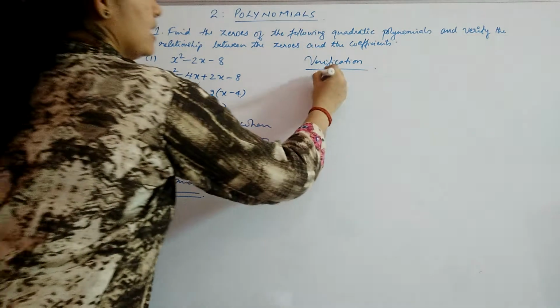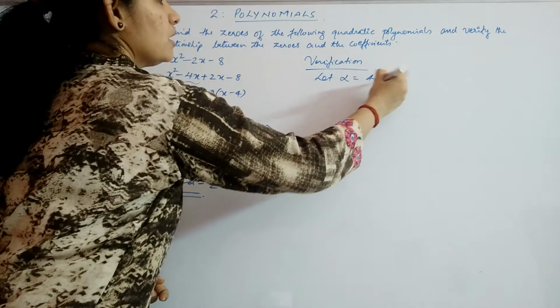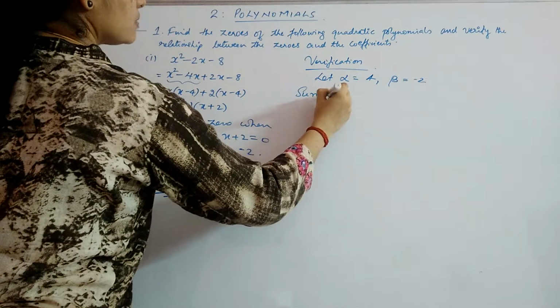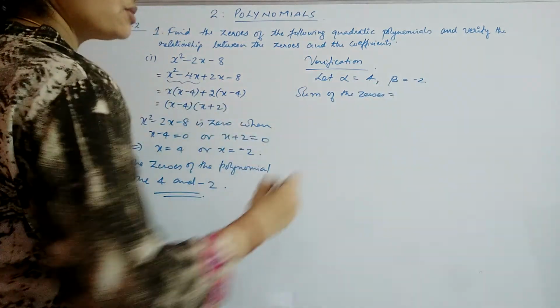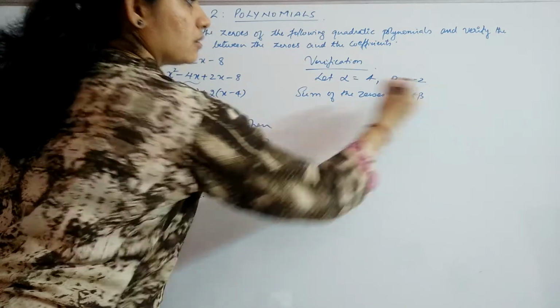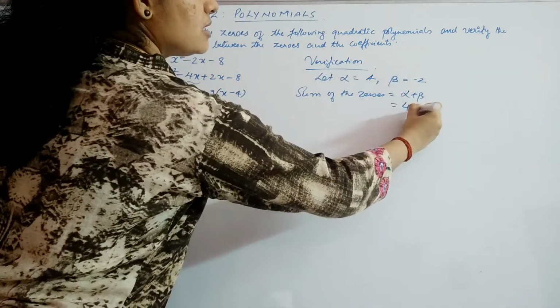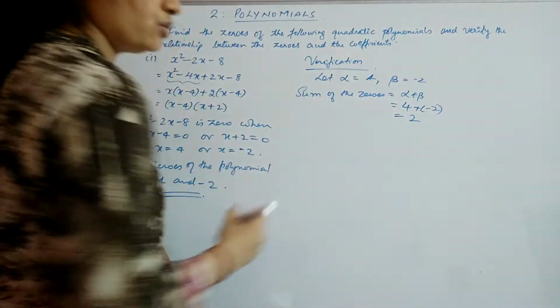Okay, so let us take alpha as 4 and beta as minus 2. So sum of the zeros or sum of the roots is equal to alpha plus beta, which is equal to 4 plus minus 2, which is giving you 2.